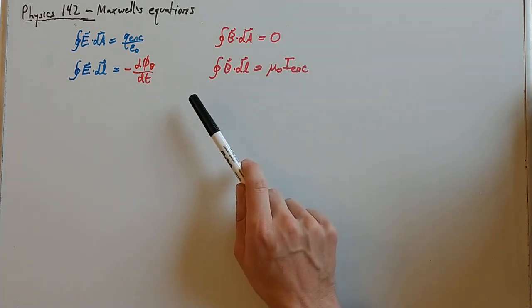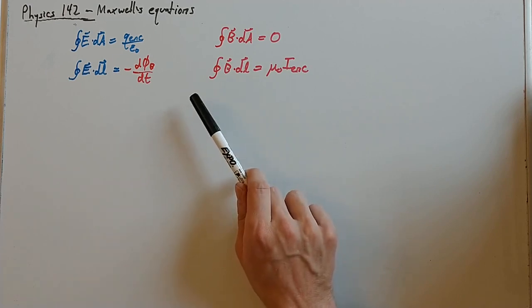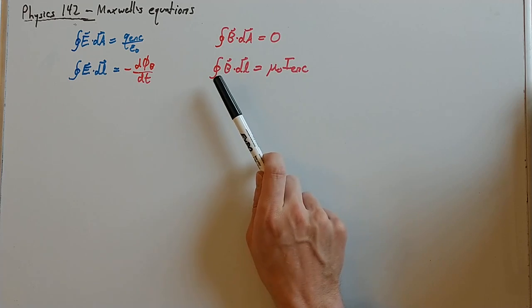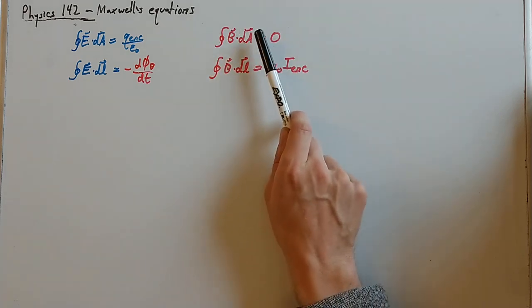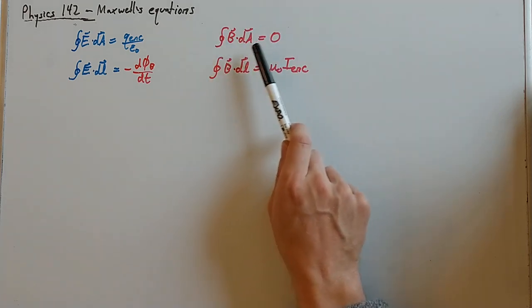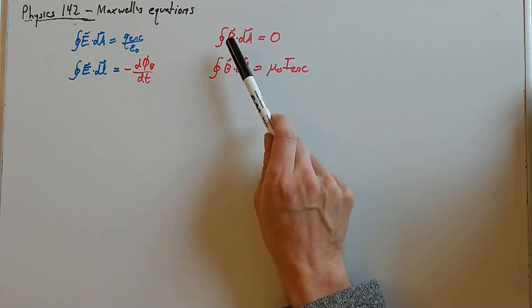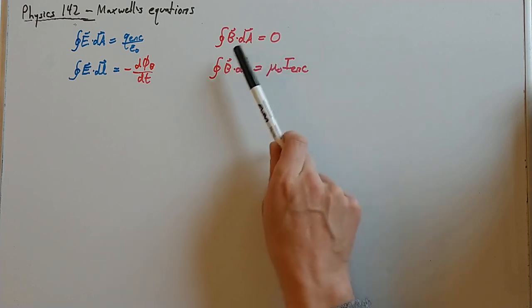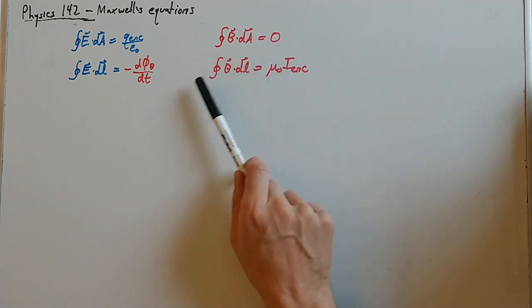Now, another interesting thing about magnetism: these laws look a little bit different, and one of the reasons is that there aren't any magnetic monopoles. If you had just a single magnetic charge, like just a single plus magnet, that would be really cool, but we don't.